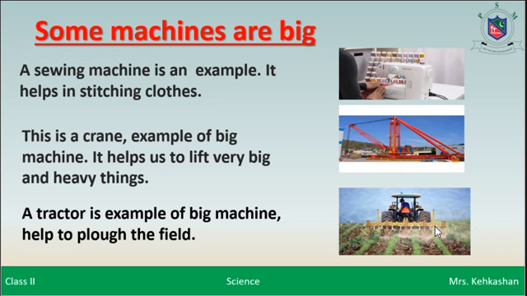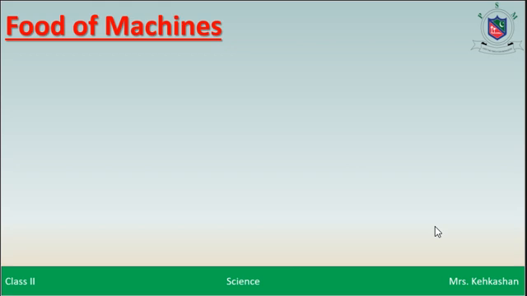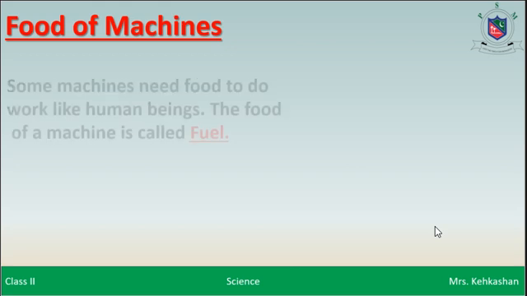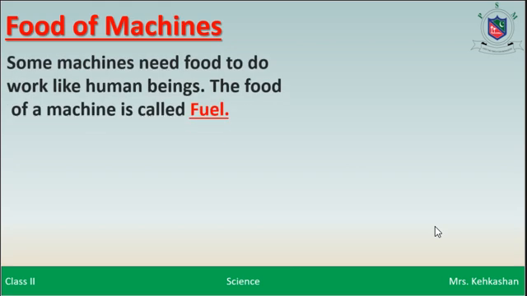Okay students, you know that we all need food, but machines also need food. Yes, some machines need food to do work like human beings, and the food of a machine is called fuel.